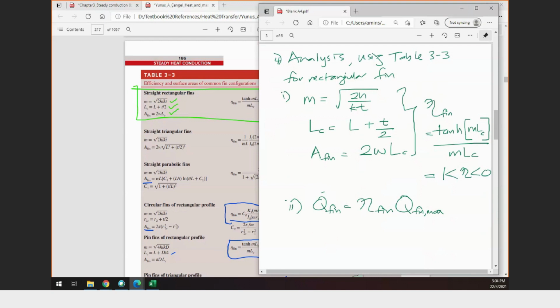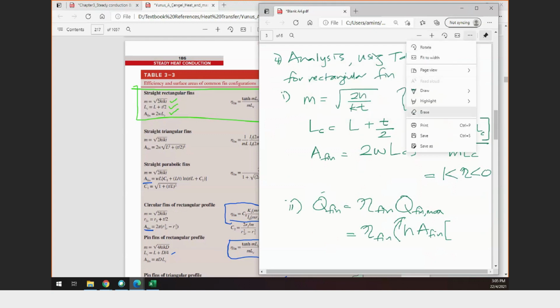So this value, when you calculate, equals h A fin times the bigger bracket, T b minus T surrounding.